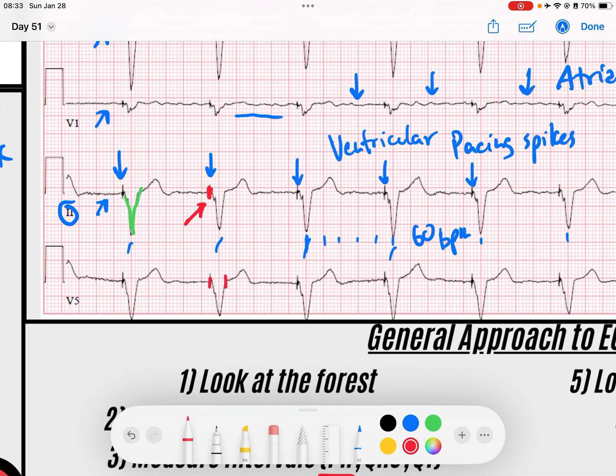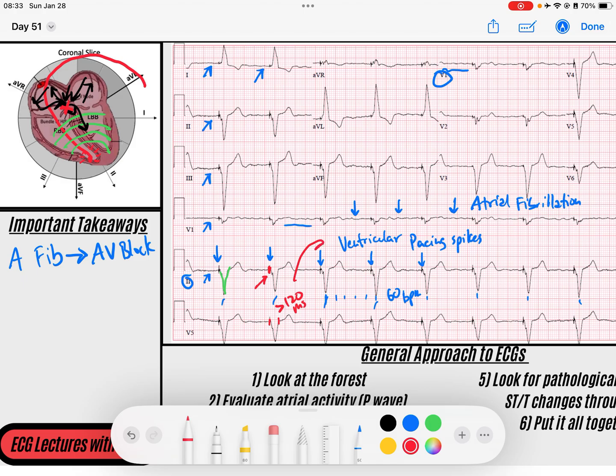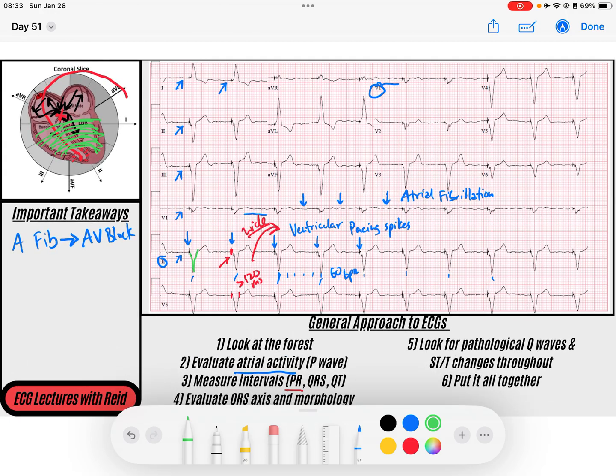If I measure it, it is greater than 120 milliseconds, which is a wide QRS, which is what we would see with ventricular pacing, because when they pace the ventricles, it spreads slowly across the ventricles in a cell-to-cell gap junction manner. It doesn't take the His-Purkinje system that we know is what really speeds up the duration of our QRS.